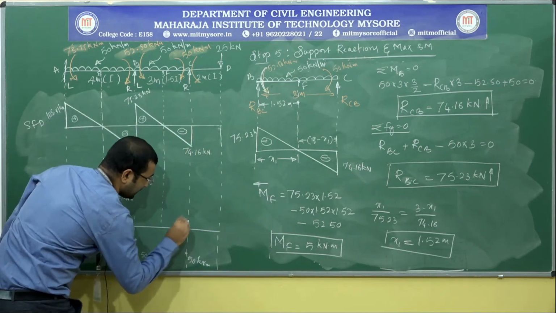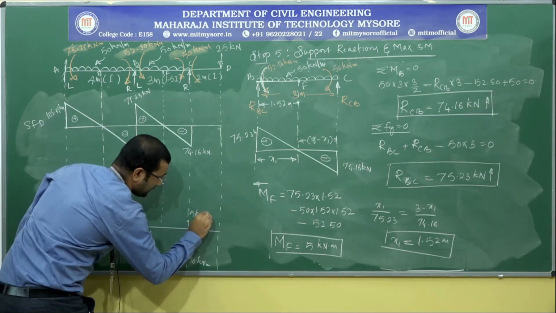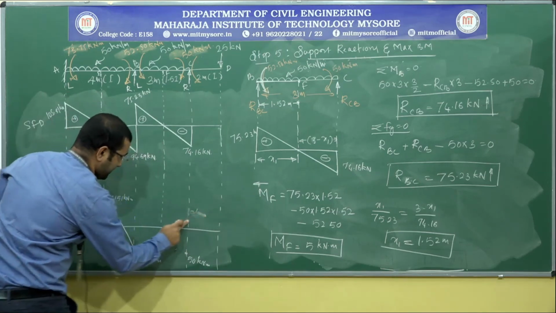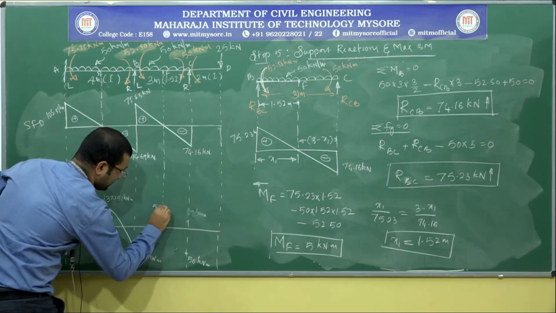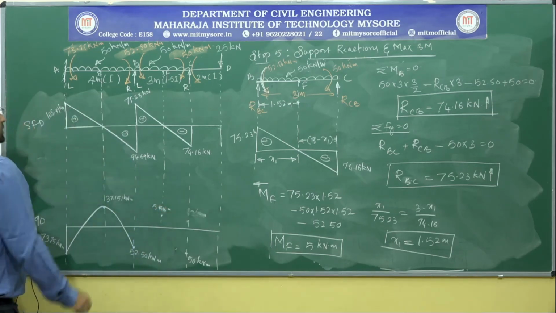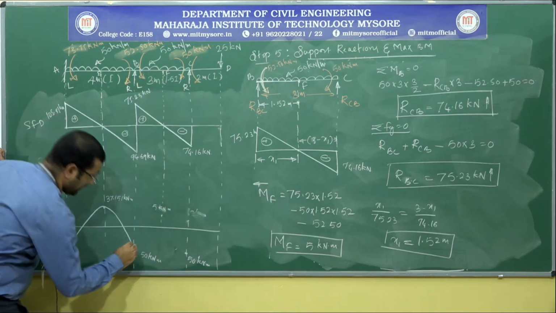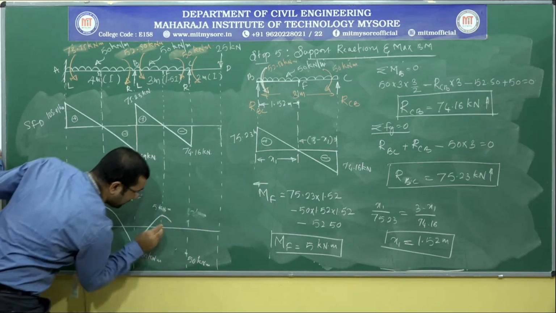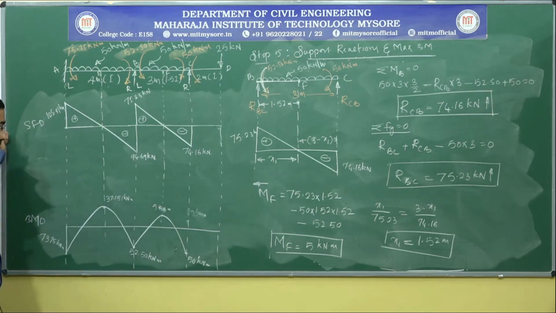So let me consider that here, somewhere here. It is 5 kilonewton meter. So because of the UDL, variation in the bending moment diagram is again parabolic. So let me draw a parabola, right.